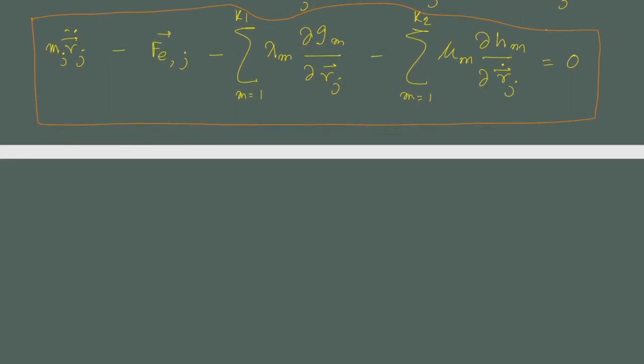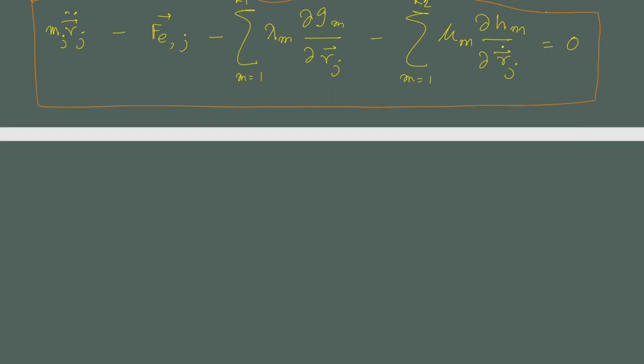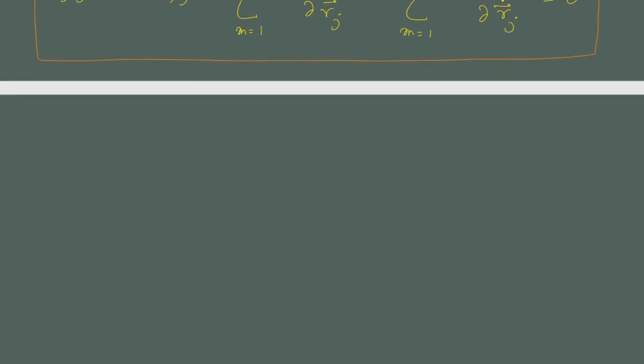Now let us try to solve one problem using this Lagrange's equation of the first kind. The example that we choose is, let's say, a simple example: a particle moving on a circle, and there are no external forces.